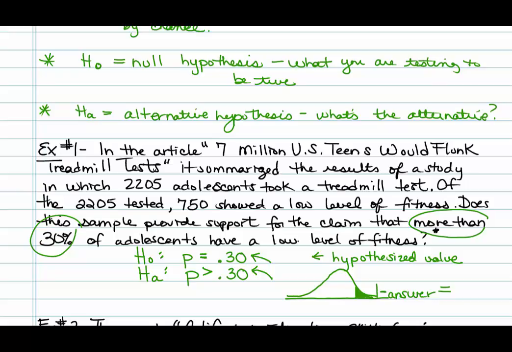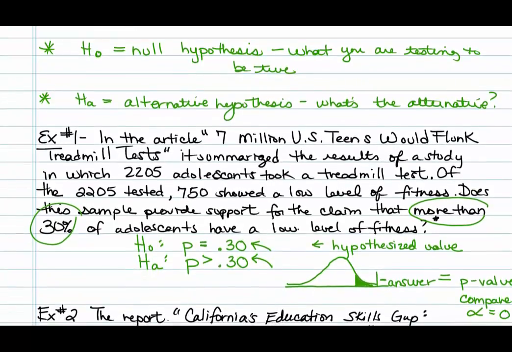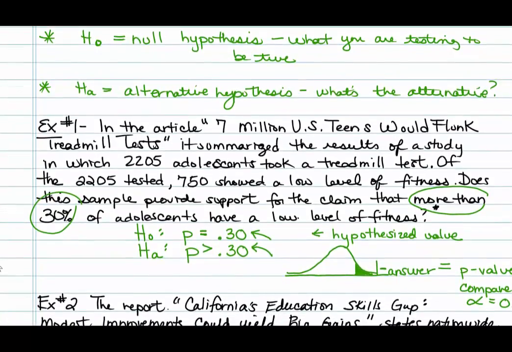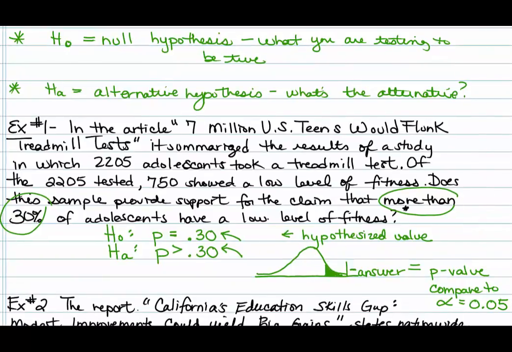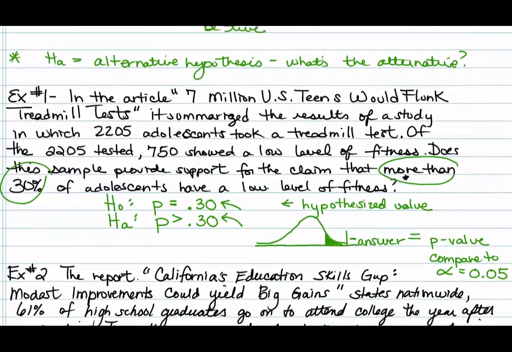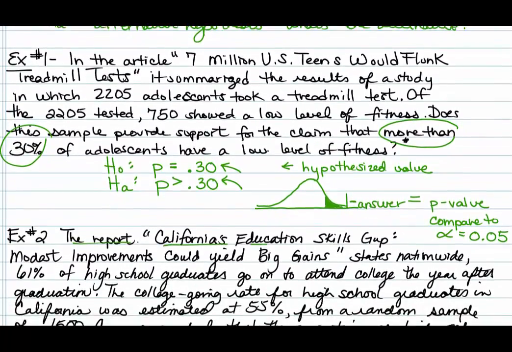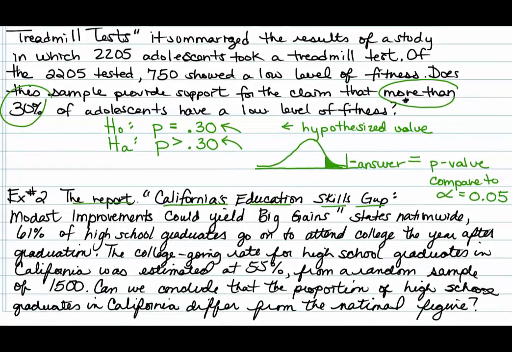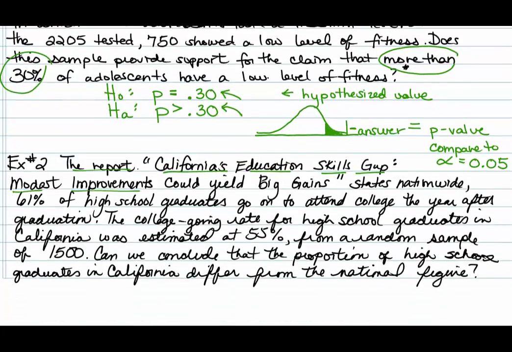The p-value is what we're going to compare to our alpha. And since this problem said nothing about alpha, we're going to compare it to 5%. So I just want to see if we can set up the alternative hypothesis and the null hypothesis.